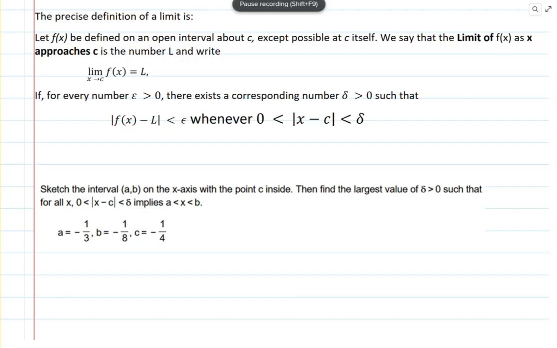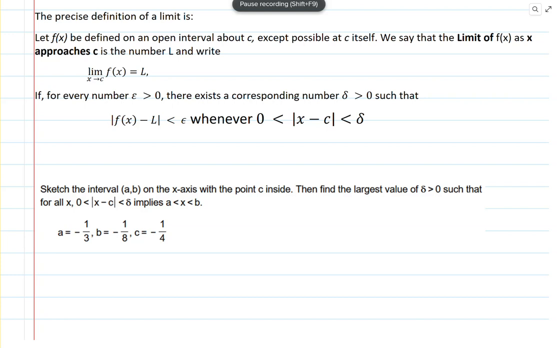Let f of x. Now remember, what does the f stand for? Function, which means for every x there is a defined y output, right? A function has to have that. And it can be restricted in domain, but it has to have that condition.